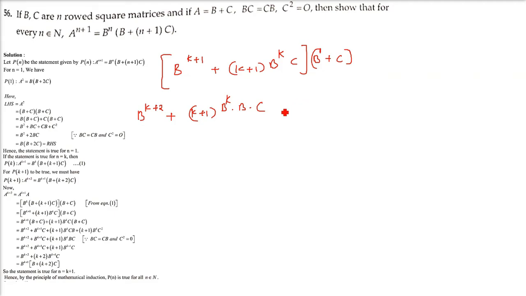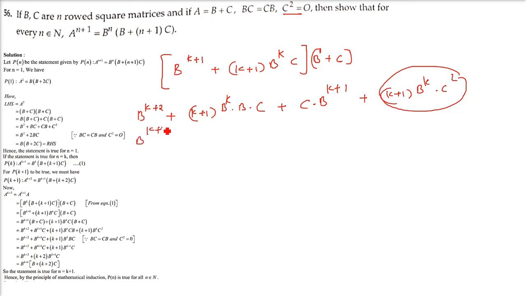Now coming to c, this is b raised k and c, and then we have the last one, which is k plus 1 b raised k, and c into c is c square. But c square is already given 0. So you just leave this because it is 0. What do you get? b raised k plus 2.